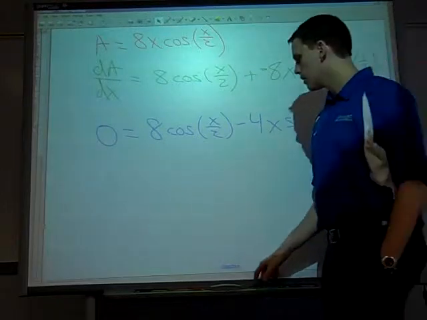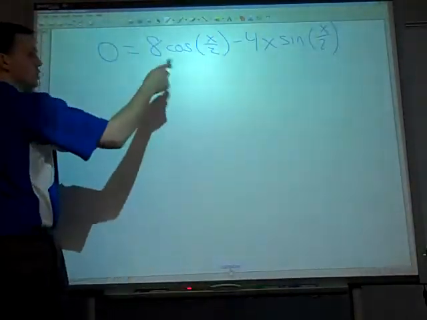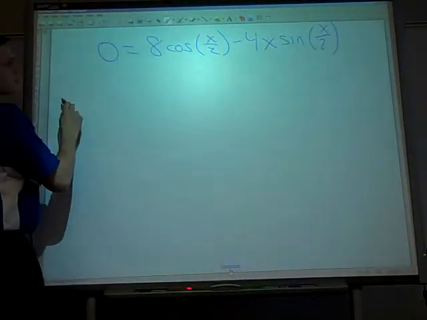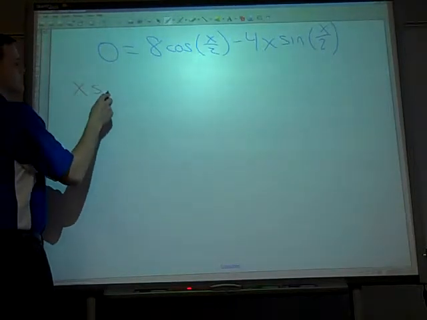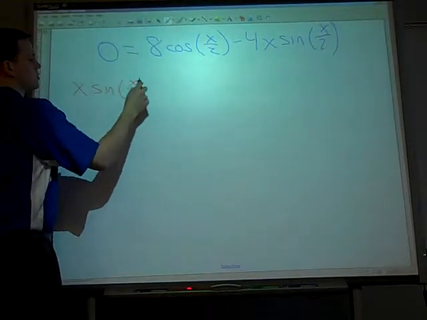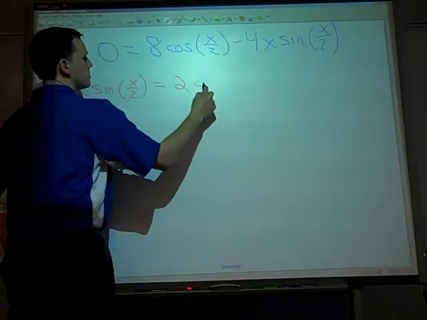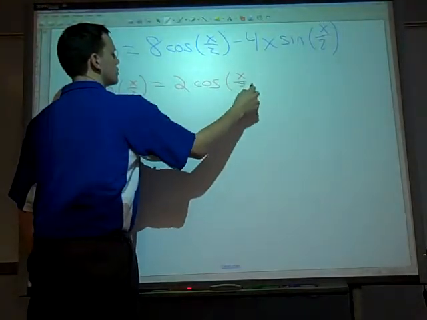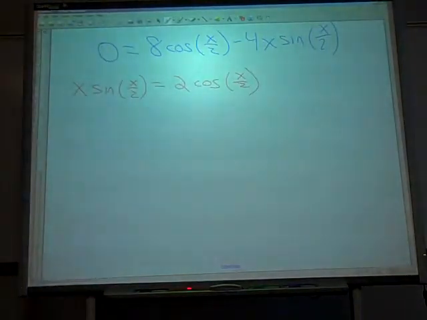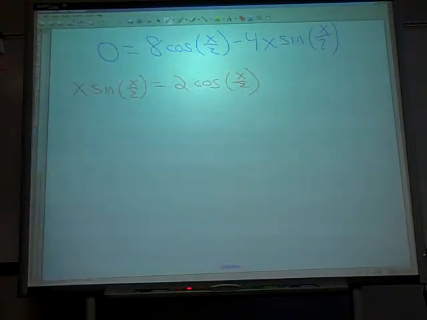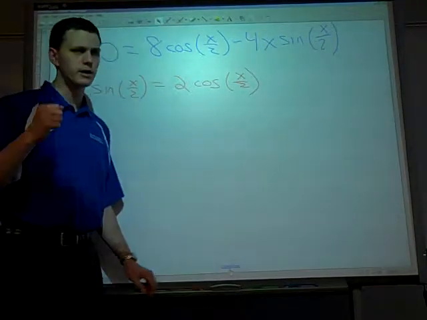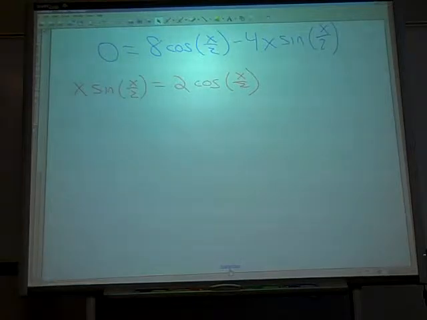Alright, well, now what we're going to do is we have to solve for x. So this means that x times the sine of x over 2 equals 2 times the cosine of x over 2. I think that's right.